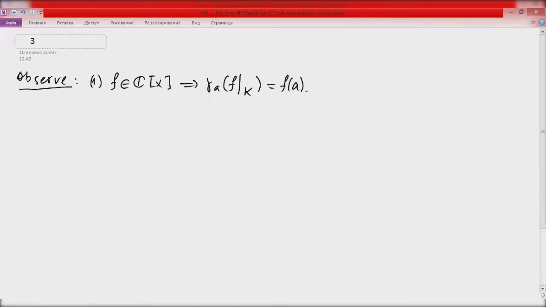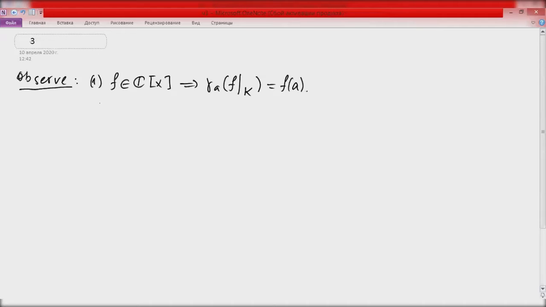Simply because gamma takes t, the coordinate function, to a, so x goes to a, and f restricted to K goes to f of a. Just because gamma is an algebra homomorphism.